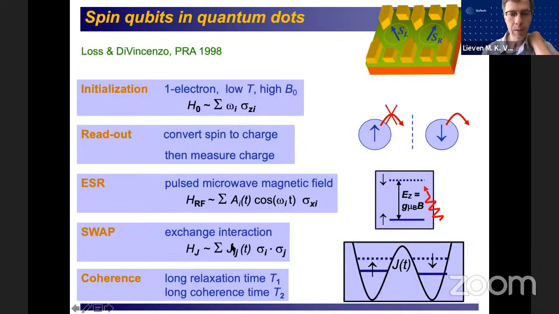We've seen that the pulsed control of the exchange, or of the overlap of two electron wave functions, allows 2-qubit gates based on the exchange interaction, and the flip-flop terms sometimes can be suppressed, and then it becomes an Ising interaction. And we've seen that the T1s are really long, more than a second, and also the T2s actually are quite long for solid state qubits compared, for instance, to superconducting qubits.